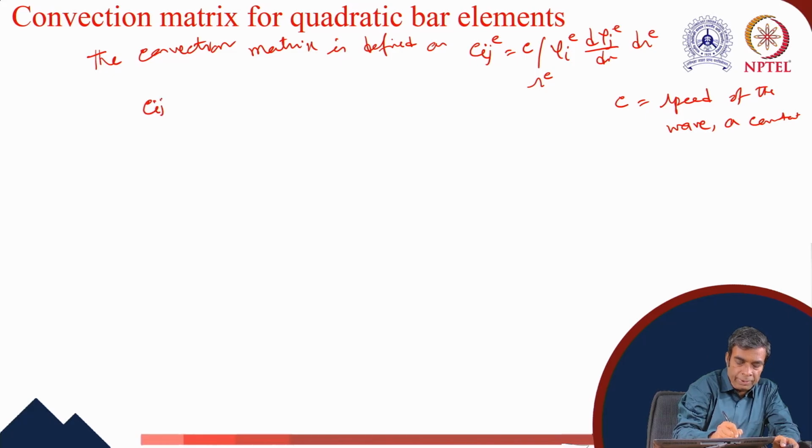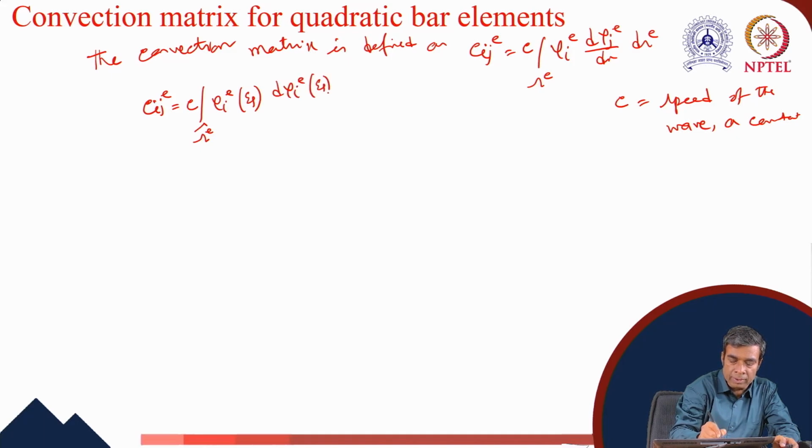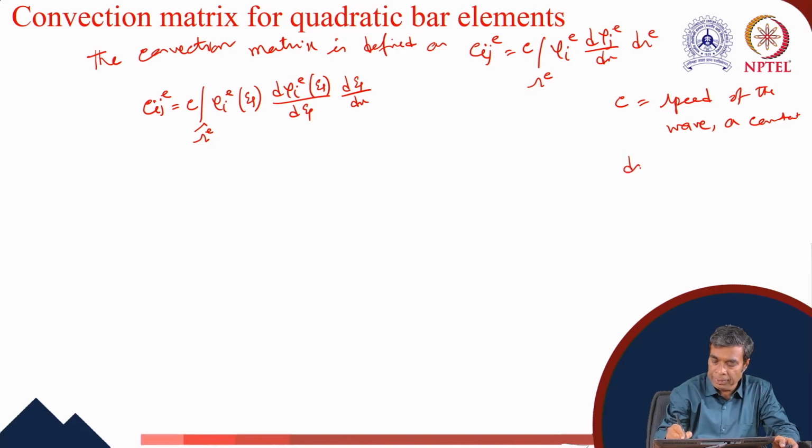So C_ij^e we can represent in the natural coordinate as C_ij^e equals C into integration over omega e cap of psi_i^e(xi) into d psi_j^e(xi)/d xi into d xi, dx d omega e.